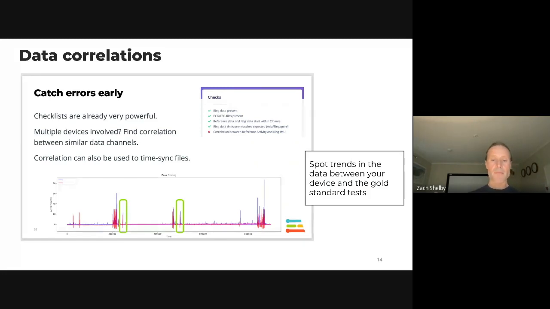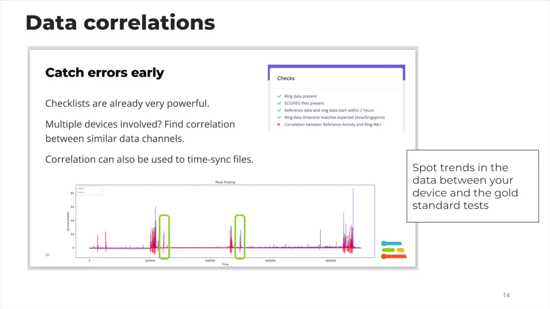And finally, a little bit of looking at what this looks like in practice. Data correlation and error catching is really important. This is a great example of where we do checks on data coming in and we automate that. Some of the checks we might do are: is the device data present and looking correct? Do we have the ECG and EEG files? Is the reference data starting within the right time? Does it match the time zone we want? Does the correlation work?